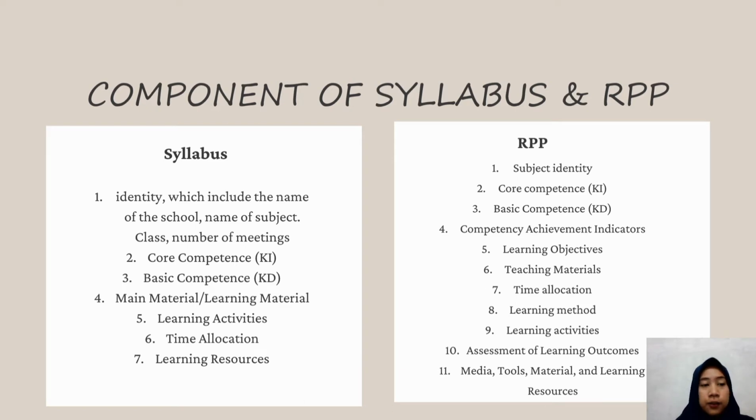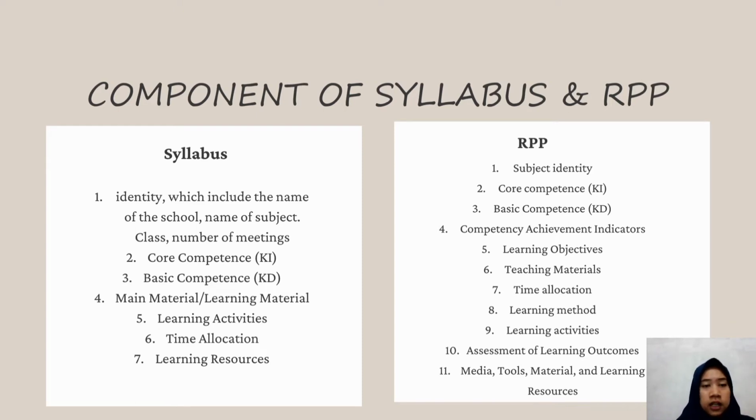And basic competence. Basic competence is a number of abilities that students must master in a certain subject as a reference for the preparation of competency indicators. Number four, competency achievement indicator.